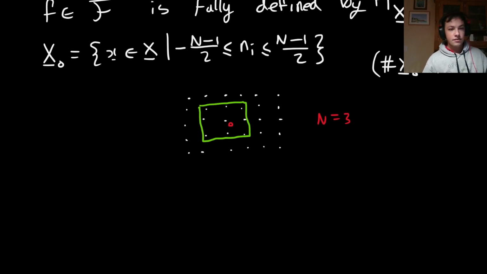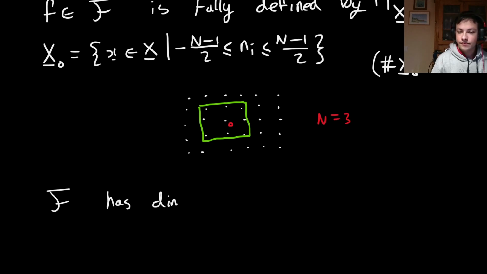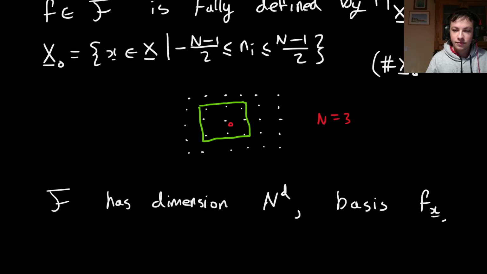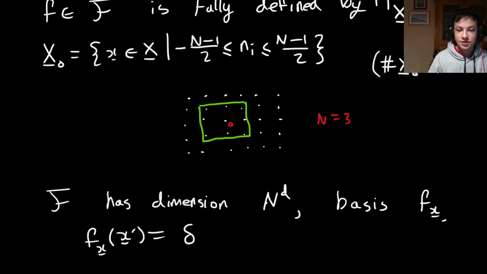Now, that's good because it tells us that this f is finite dimensional and it has dimension simply n to the power of d, and we can see this by imposing a basis fx, where fx evaluated at x prime is just the Kronecker delta of x and x prime.